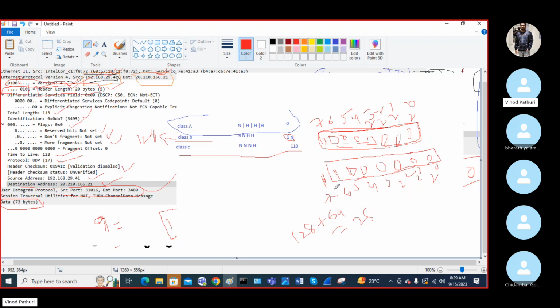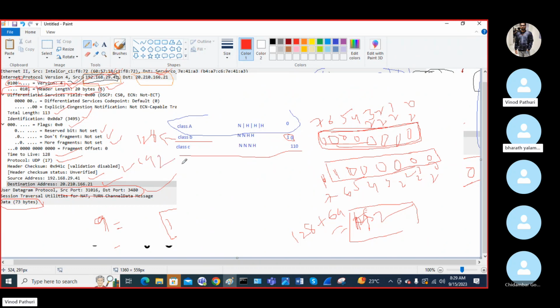If you don't know, sometimes you can calculate 128 plus 64 like this: 128 plus 64 is 192, right? Yes, 192. Okay, so that's how they define the classes.